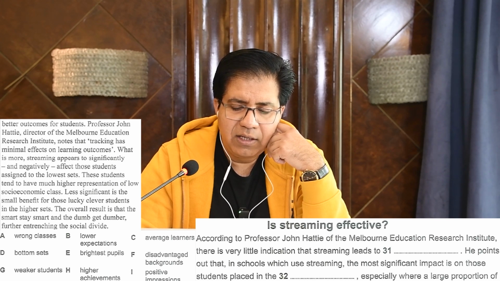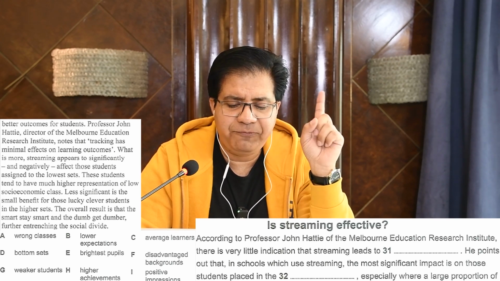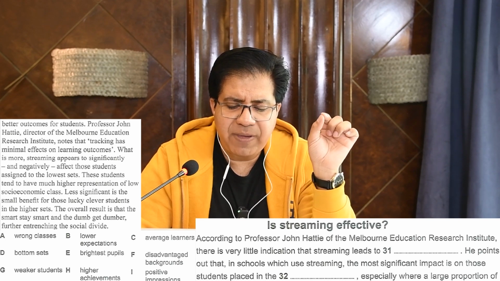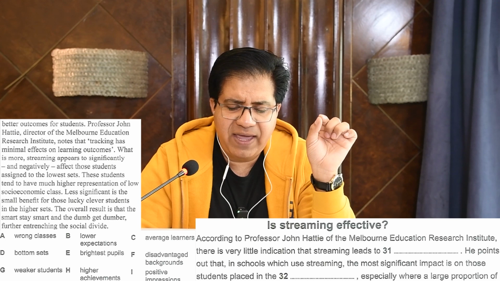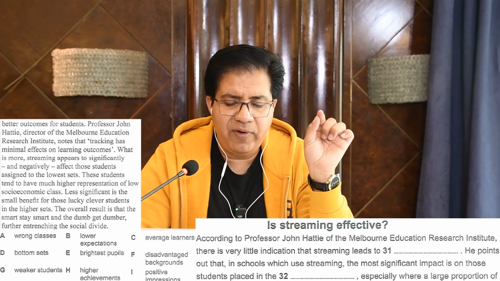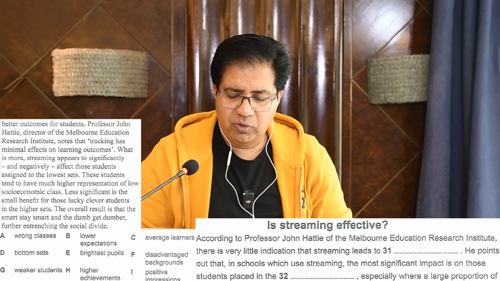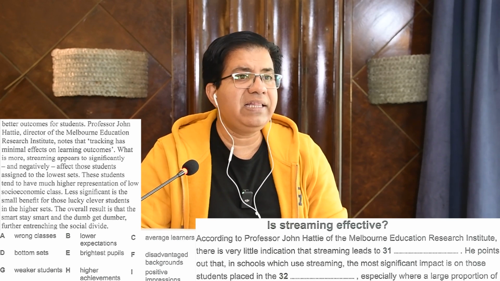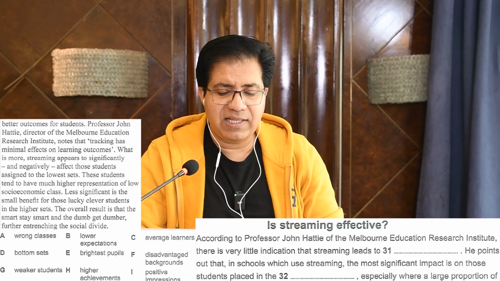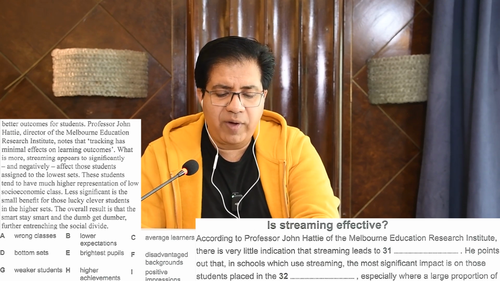Second page, first paragraph, 4th line after the full stop: What is more, streaming appears to significantly and negatively affect those students assigned to the lowest sets. For placed in, they use the word assigned. The answer is lowest set.